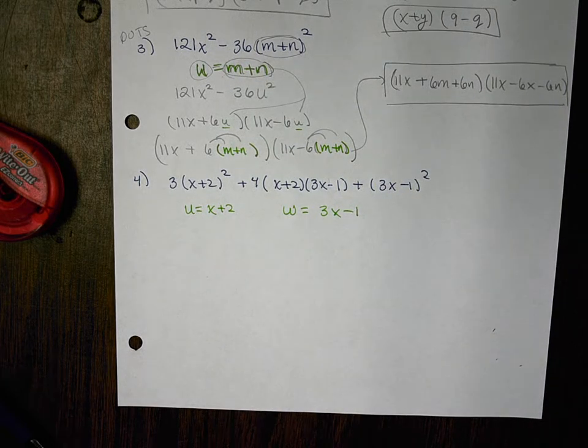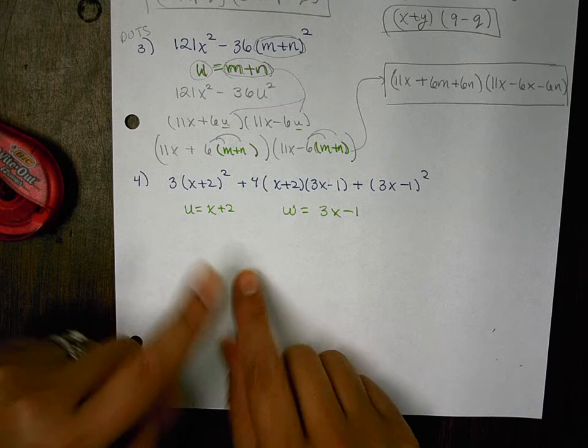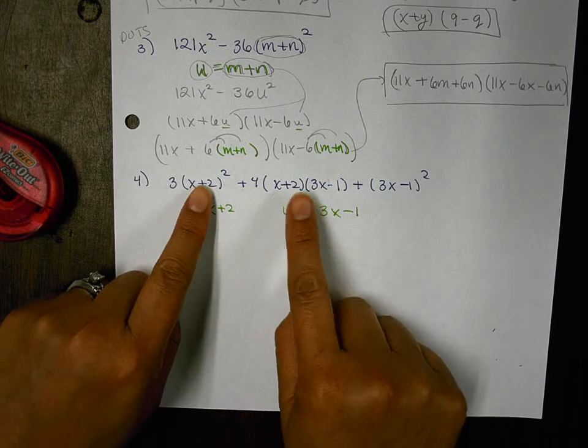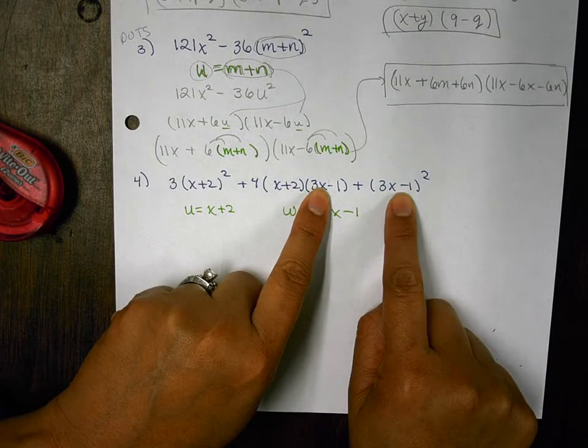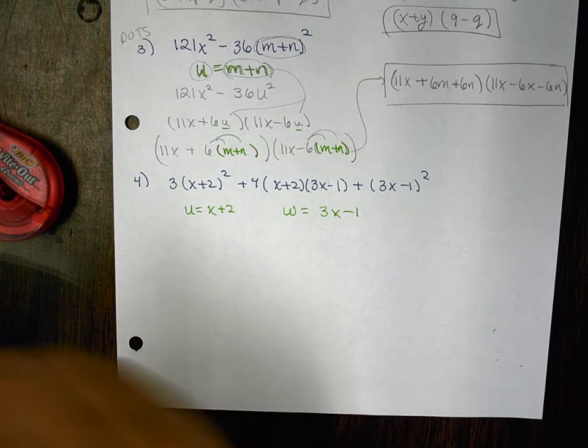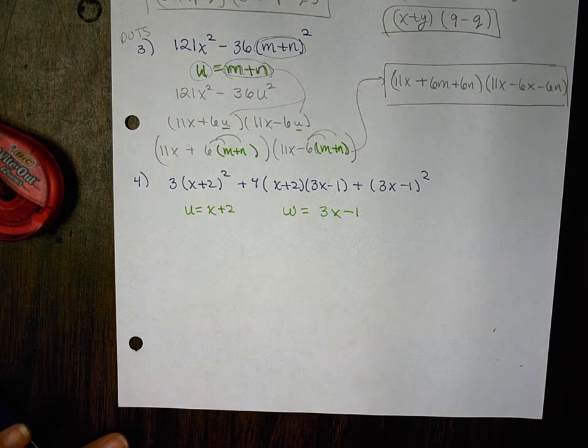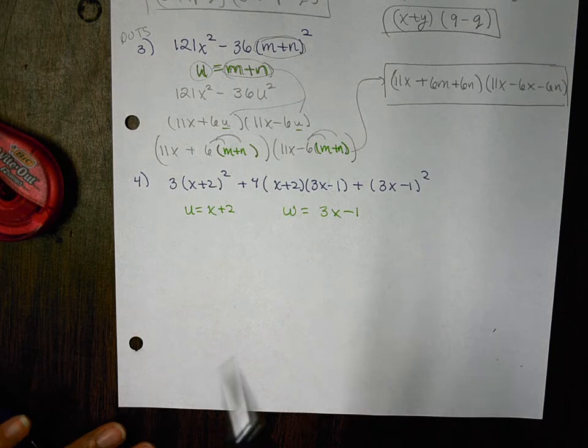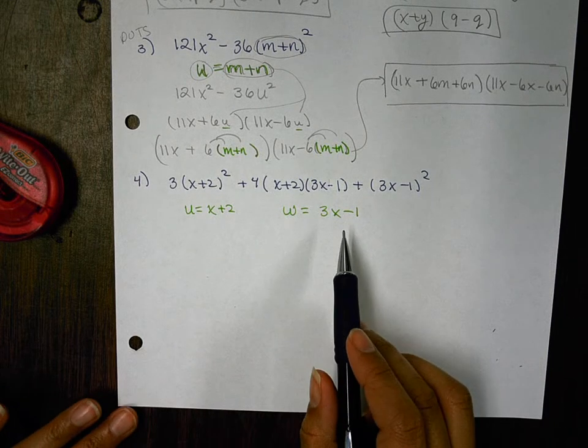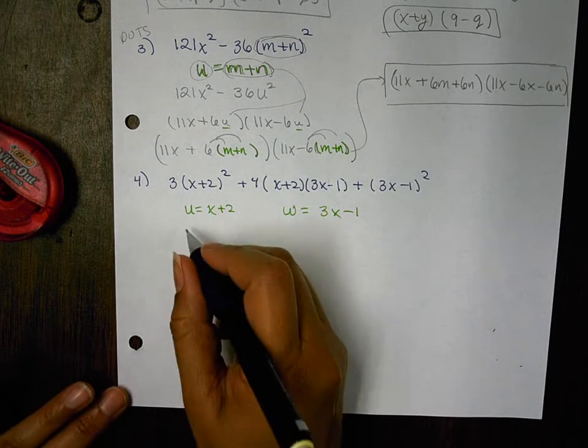Why am I doing 2 sets? Because there's 2 chunky pieces, the x plus 2 and the 3x minus 1. So I'm doing this so it's a little easier on the eyeballs. If you can factor this without substitution, perfect. This is to help for those of you that like it.